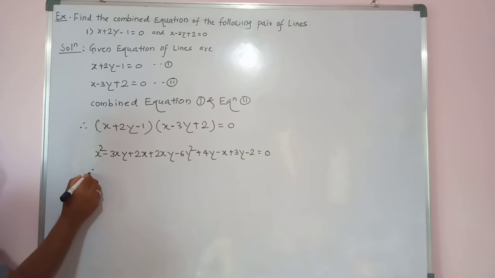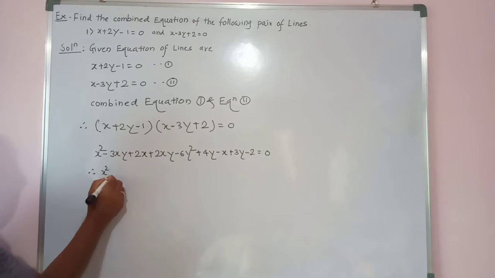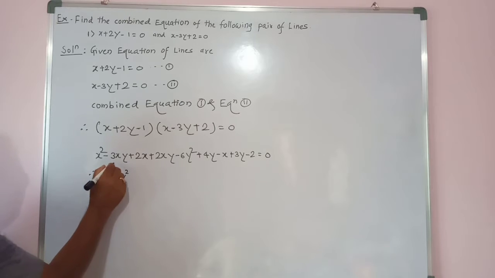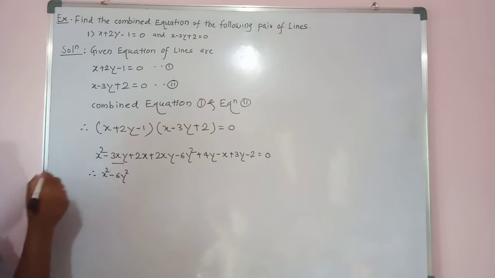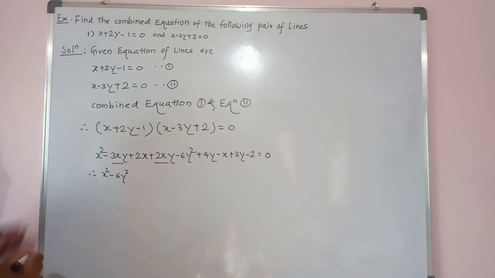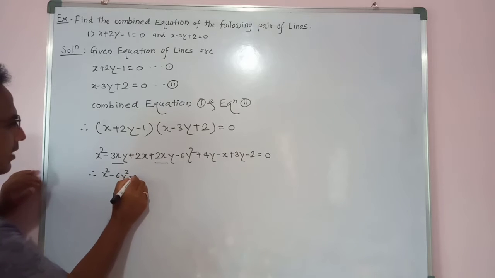Therefore, x square minus 6y square, adding the coefficient of xy, minus 3xy plus 2xy is minus xy.